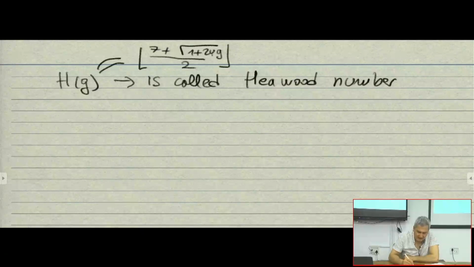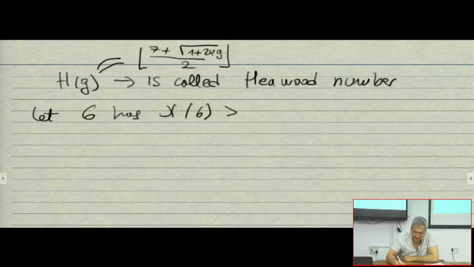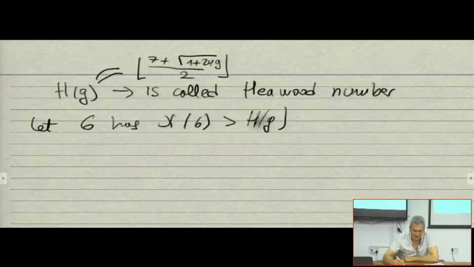Let's prove it. We go by contradiction. Let G have chromatic number bigger than H(g). If we plug in g equals 1, we get 6. So we can assume that G is embedded on the surface and the chromatic number of G is bigger than H(g).